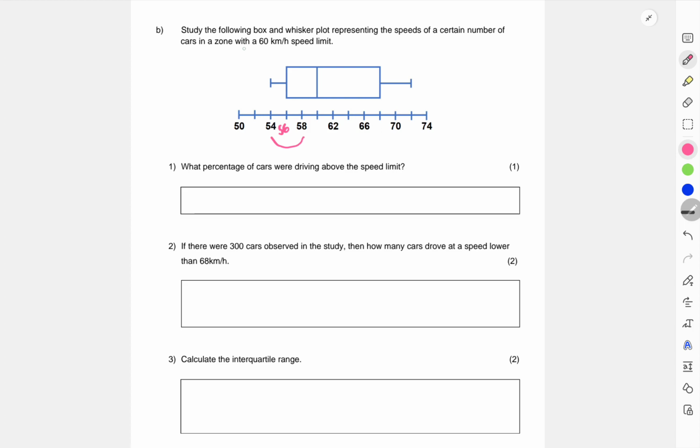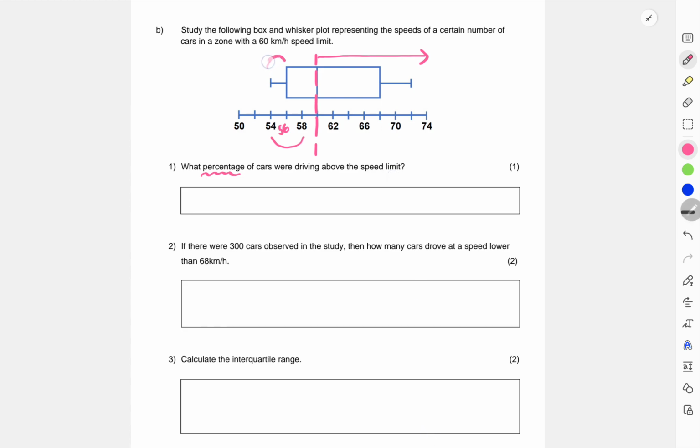Okay, and they say to you that the car zone has an average speed of 60. So over here is 60. That means everybody here went over the speed limit. Okay, which we know lots of people drive over the speed limit. And they say to you, what percentage of cars were driving above the speed limit? Now, remember, the median is the 50th percentile.